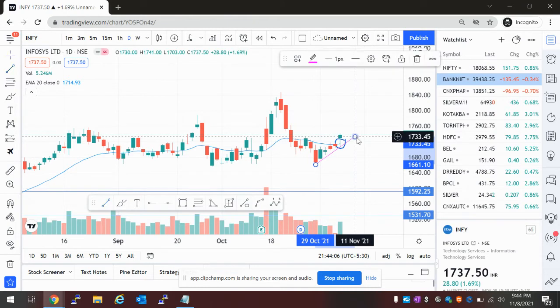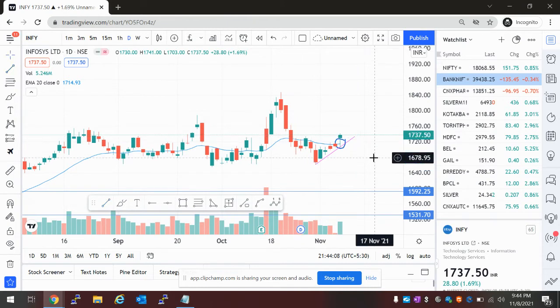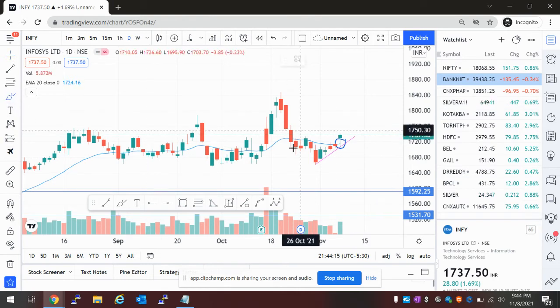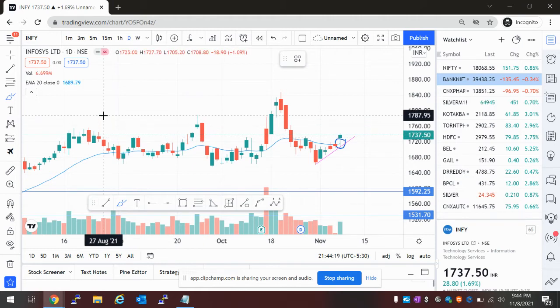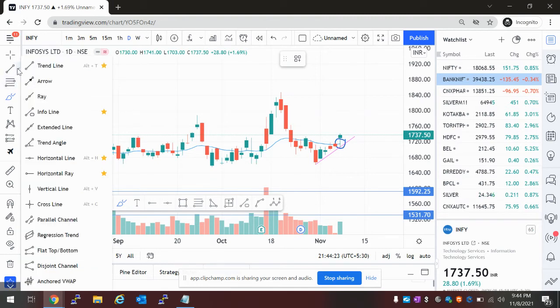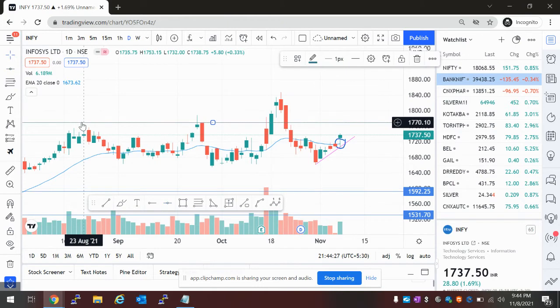This is the line it should respect tomorrow also, and we will very soon see 1737, 1770. It will go there easily, because this level it needs to test again. 1770, I'm expecting tomorrow.